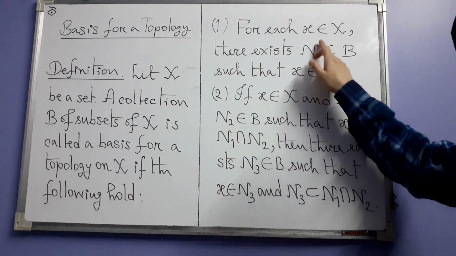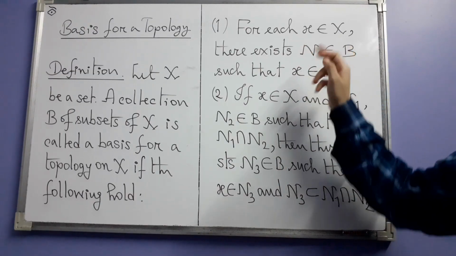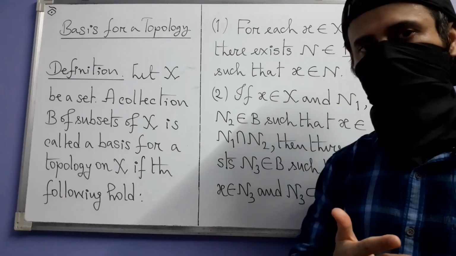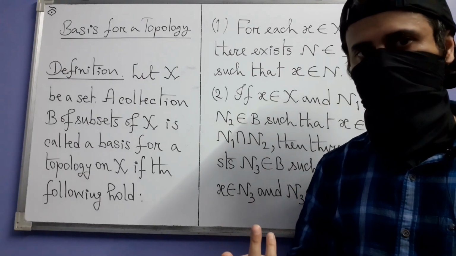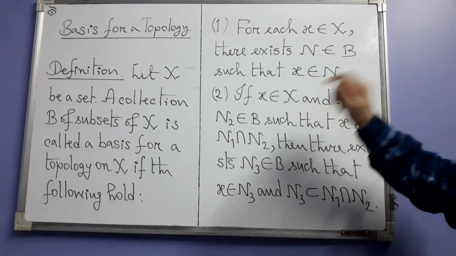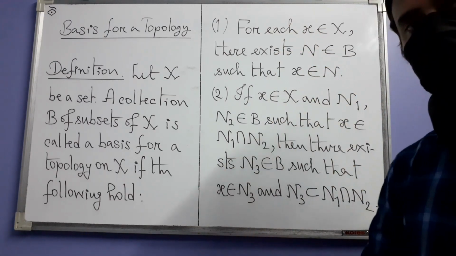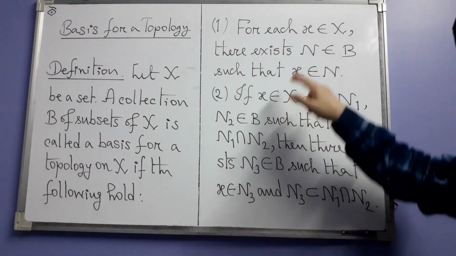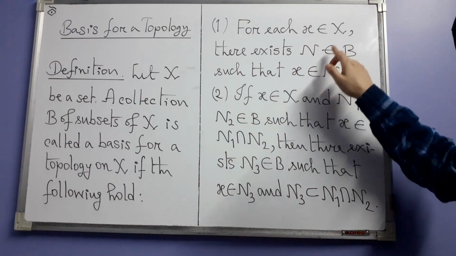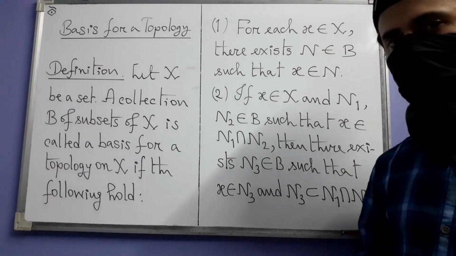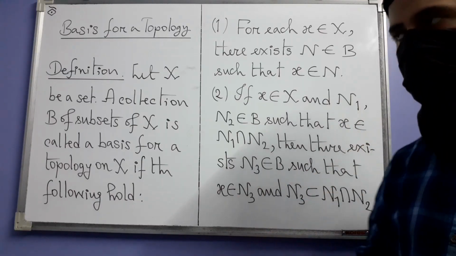Well, obviously each N is a subset of X, so their union will also automatically be a subset of X. But at the same time, this condition ensures that the reverse inclusion is also true. You take any element x in X, it is in some N, so obviously it will be in the union of the N's.